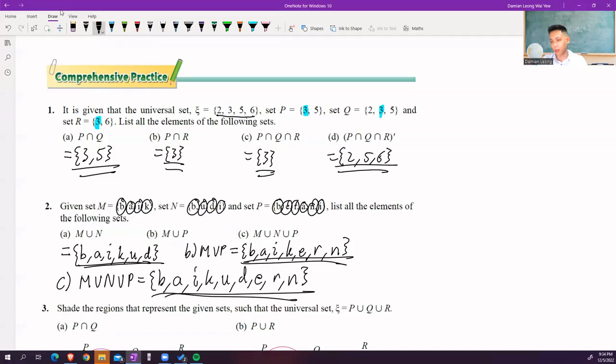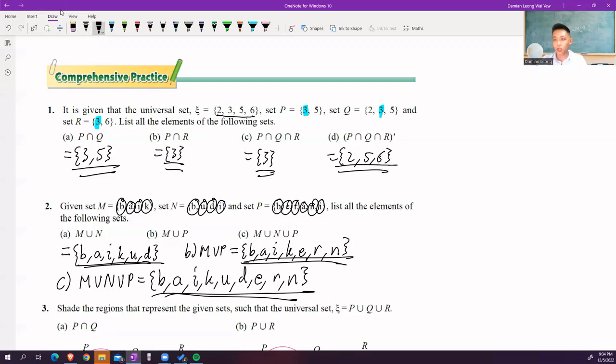But even if you arrange in other orders, it's fine. Don't worry too much about that. Basically, this is how union works when we combine them together.